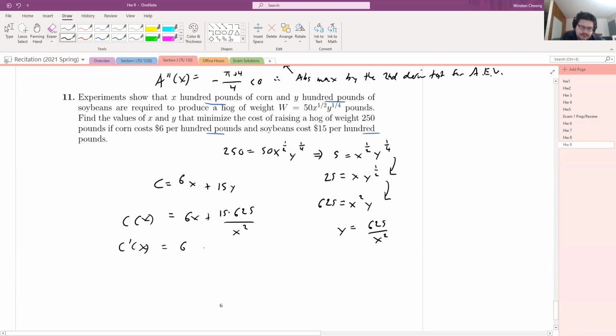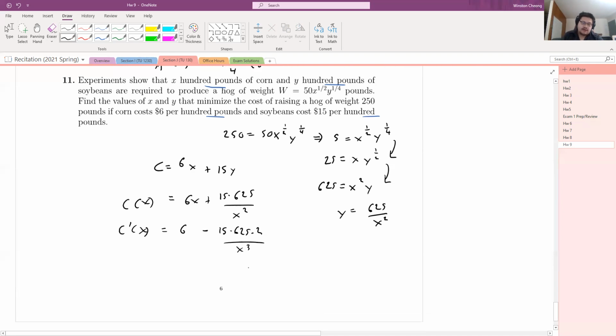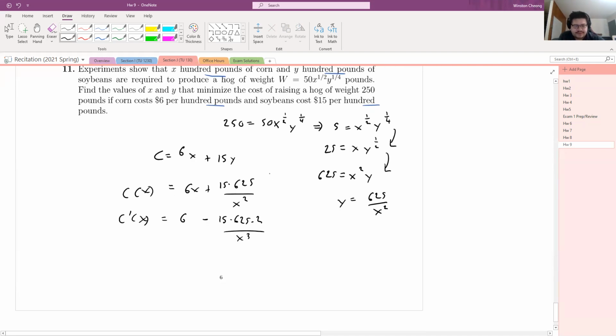Not putting plus, it's minus. Minus 15 times 625 times 2 divided by x cubed. Right. Then we would set this equal to 0 and solve. In this case, I would just do the naive thing and just bring it to the other side, multiply, and then divide.